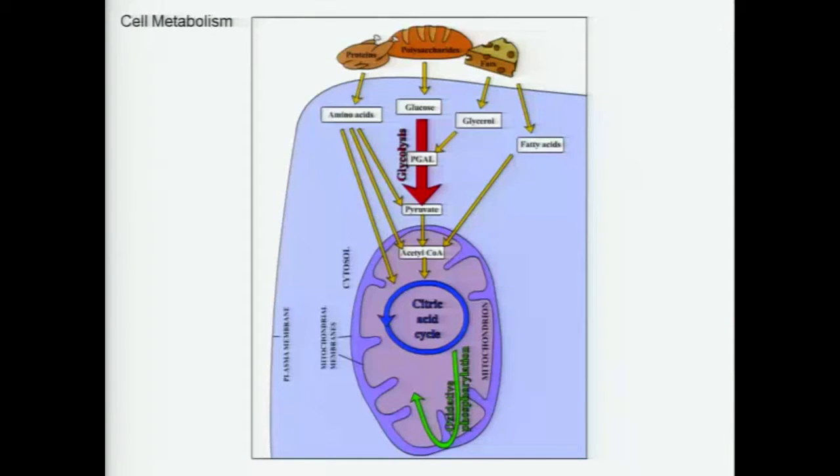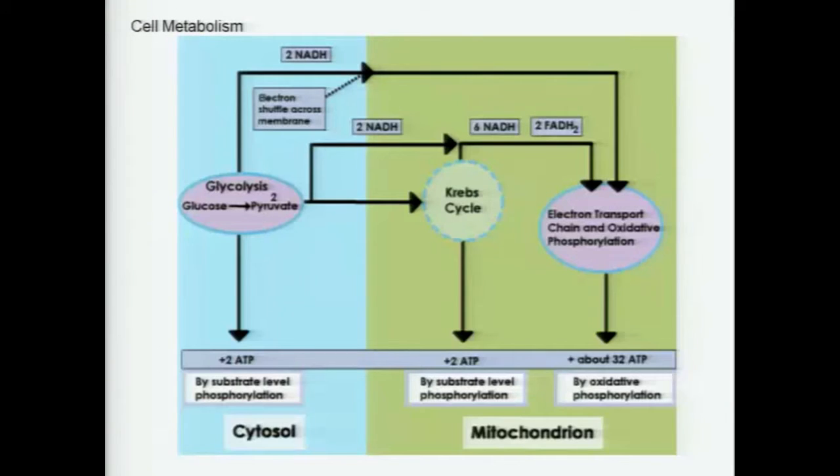Okay. And so these three levels of metabolism, glycolysis, Krebs cycle or citric acid cycle, and then electron transport chain or oxidative phosphorylation, these three stages yield different units of energy in the form of ATP.